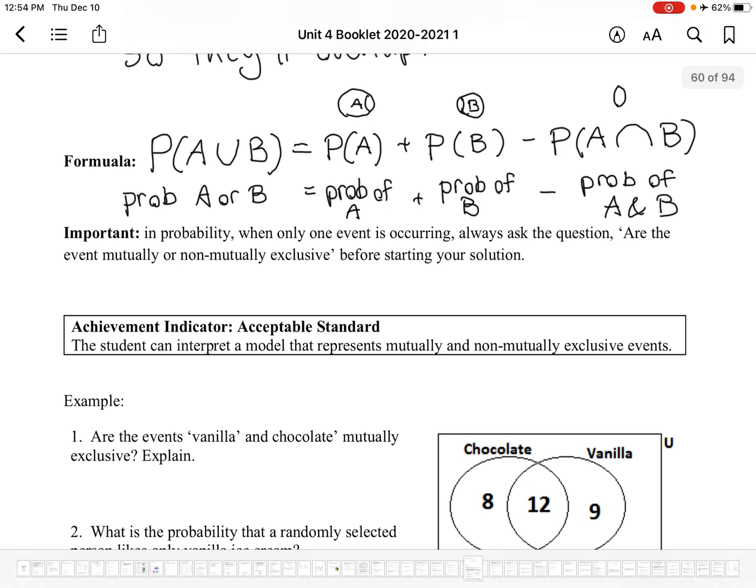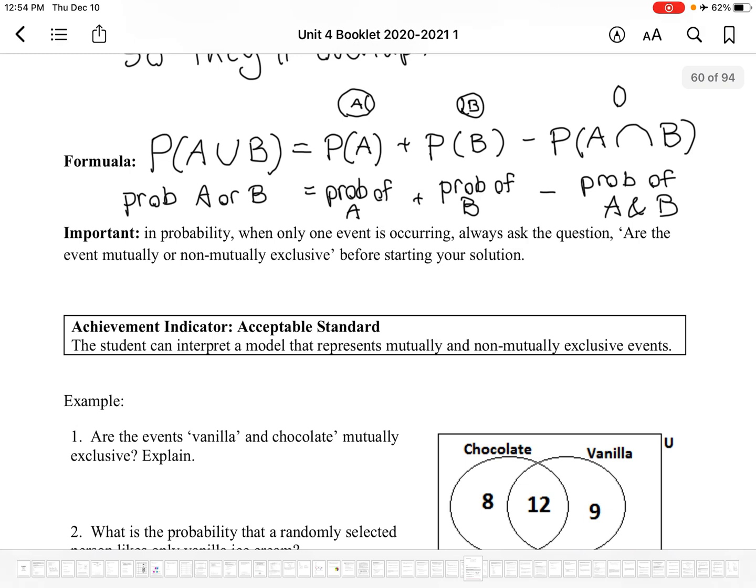So we're going to look at all sorts of examples right now, where we can solve it by writing out the sample space, by drawing a Venn diagram, and then finally some situations where we might have to rely on this formula to be able to solve a problem.